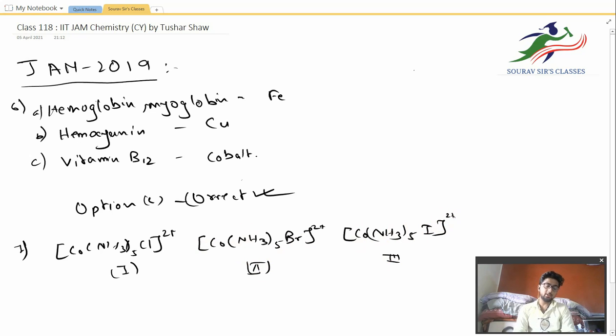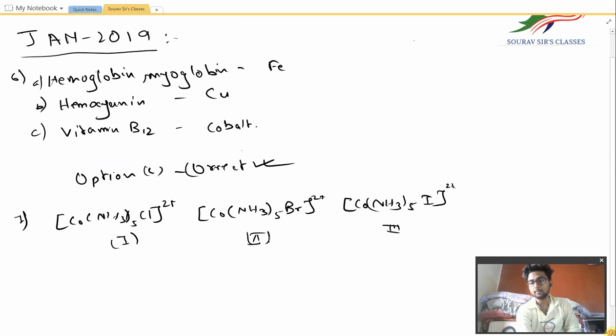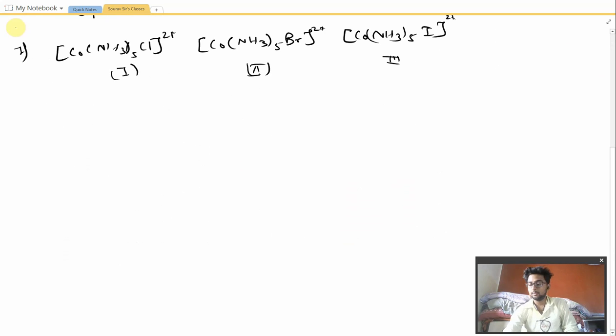Now the correct order of wavelength has been asked. Let us consider I minus firstly. When moving from Cl to Br to I, the ligand moves from strong field to weak field.